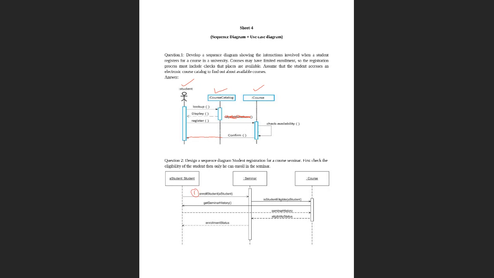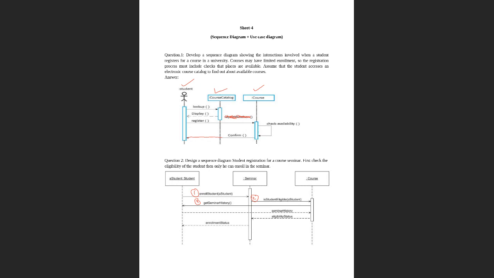Enroll student. Then what happens? The first message is this. The second message asks whether the student is eligible or not. That question is sent to the course. The course object then sends a third message to get information about the student.